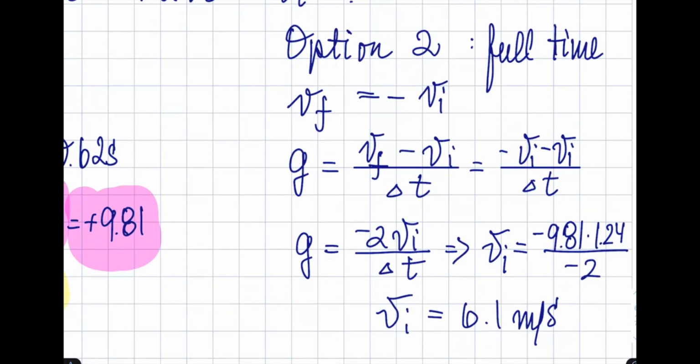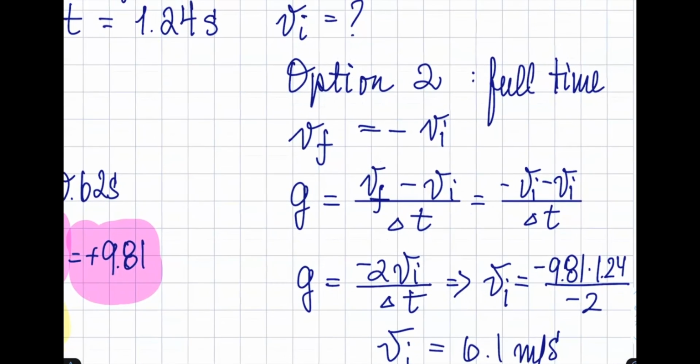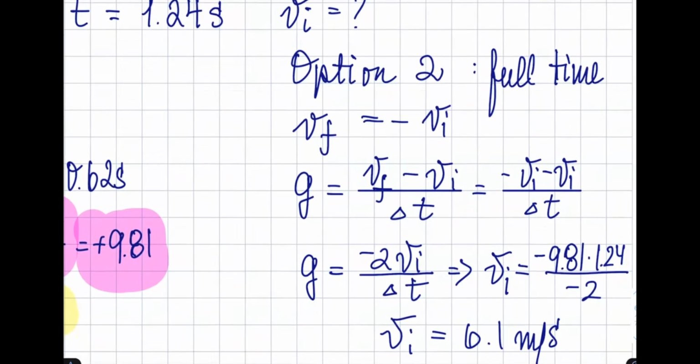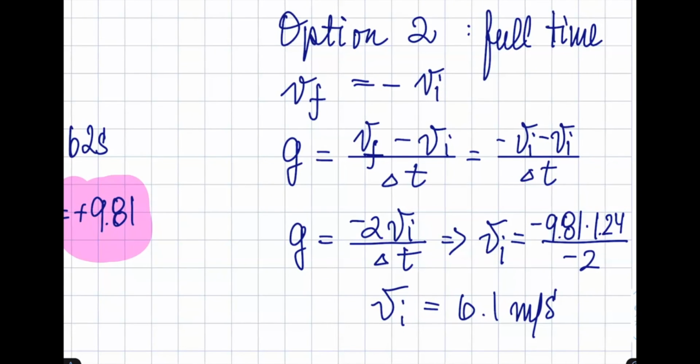The second option is if I use the full time of 1.24 seconds. I will realize that my final velocity, with which the ball hits my hand, is equal but opposite to initial.